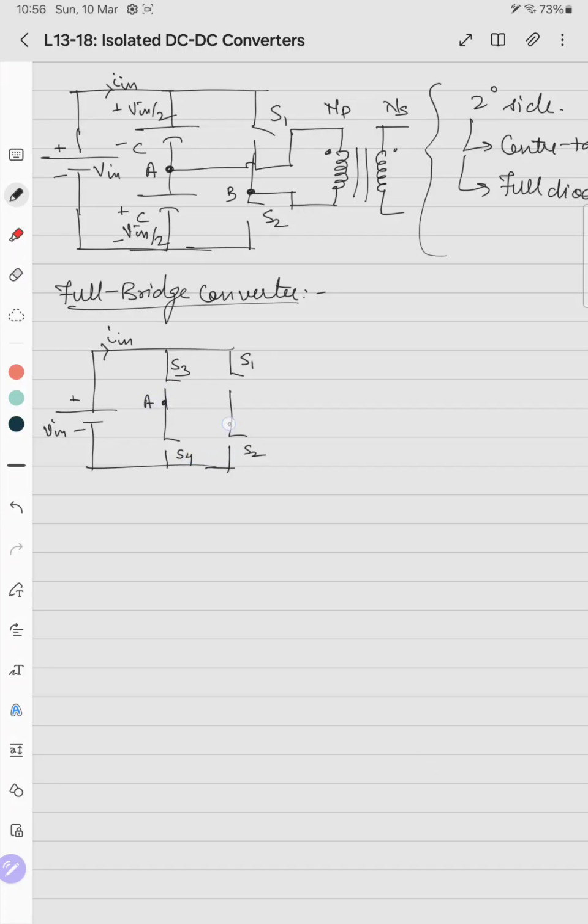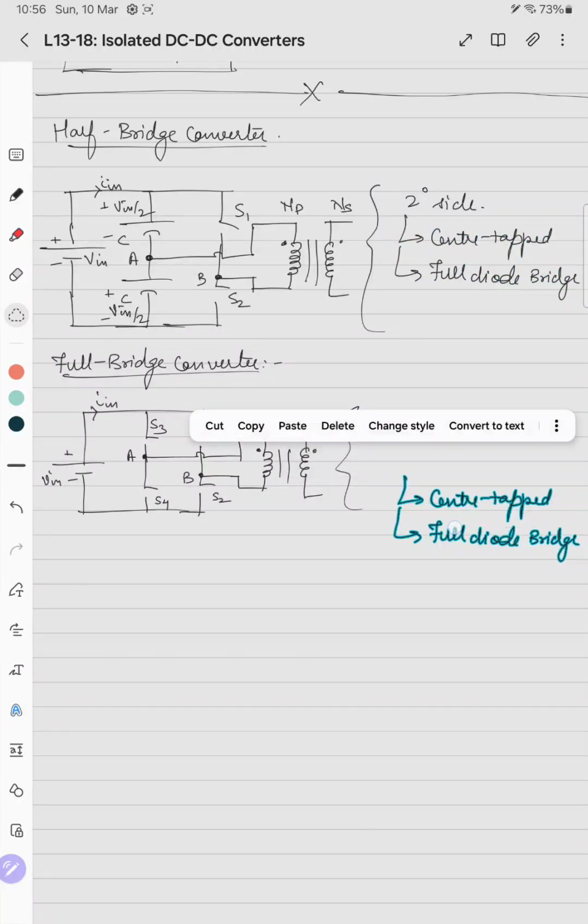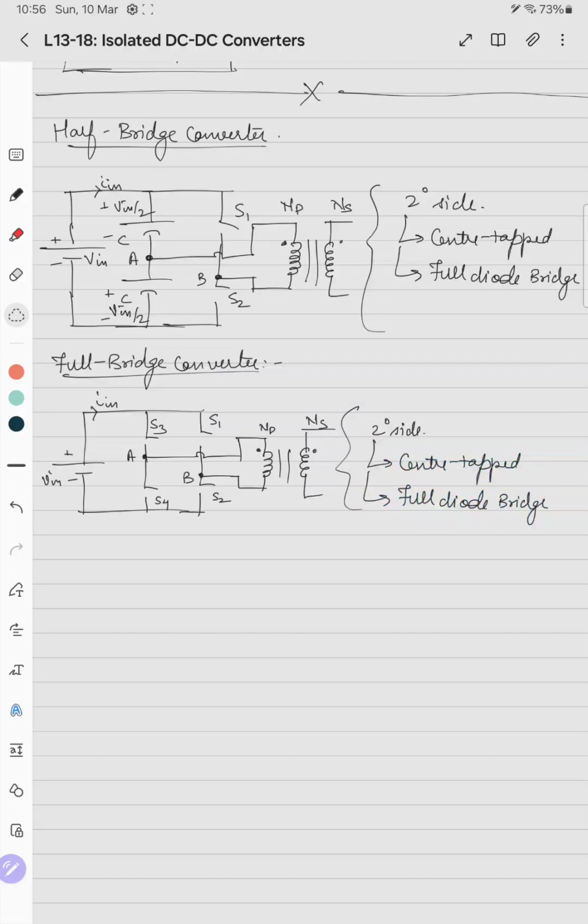This is the point A, point B, NS, and here we have the secondary side, which is again center tap or full diode bridge rectifier.